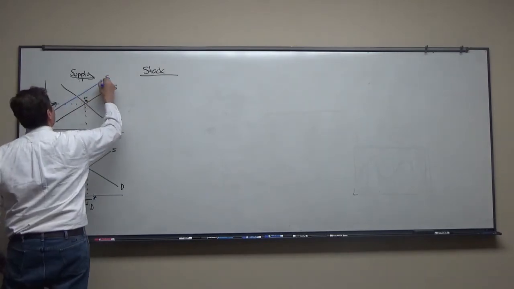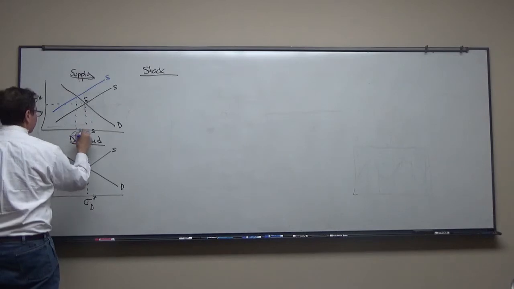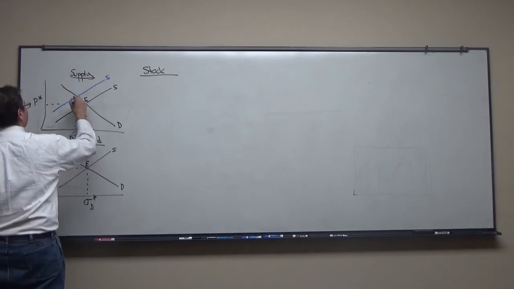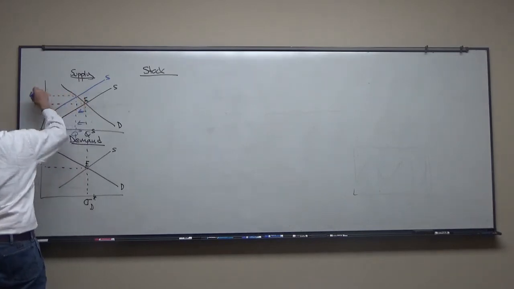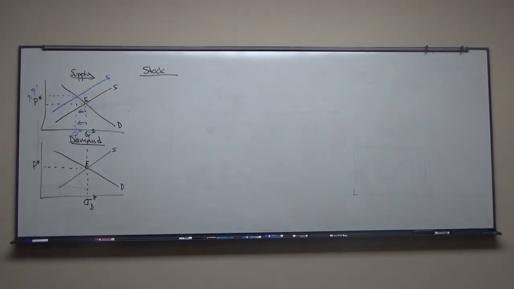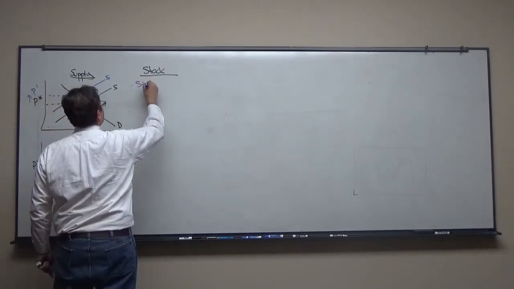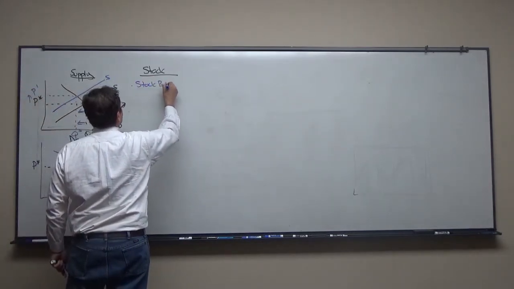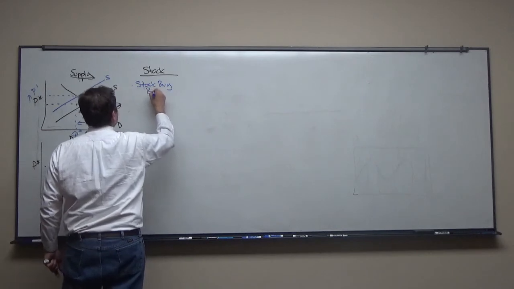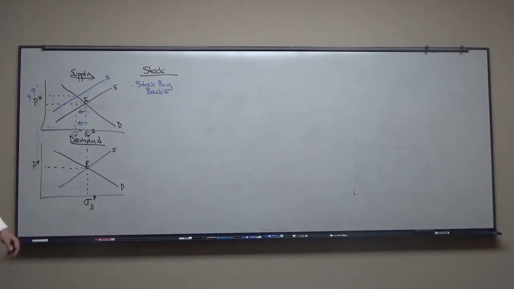So we know if the quantity supplied shifts back, then the prices are going to go up. And what would cause the supply curve to shift back? That's going to be stock buybacks. Now, reverse stock splits will also do that, but those are so rare that they don't have an impact on the market.